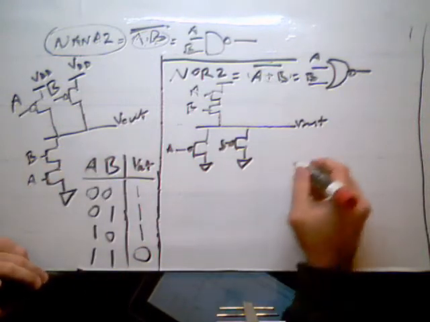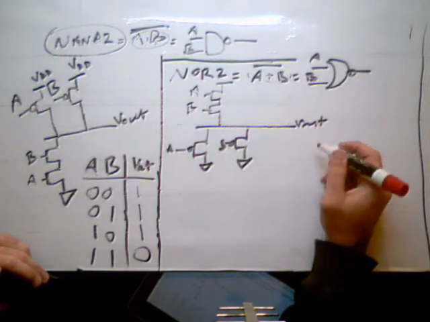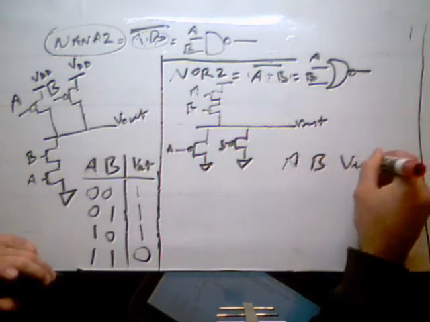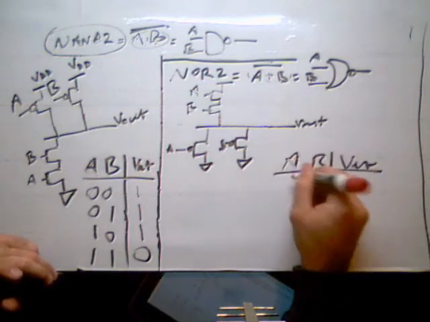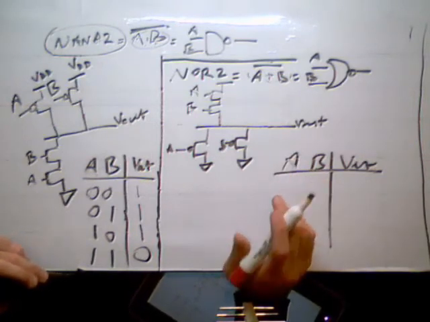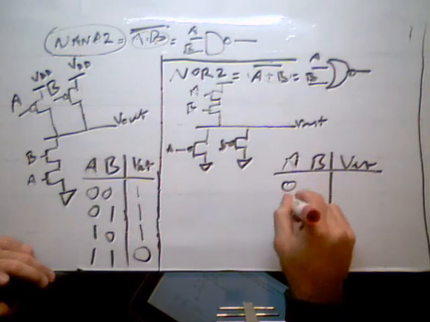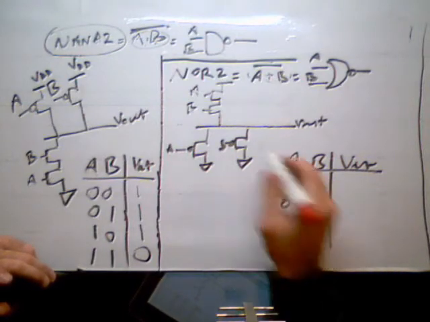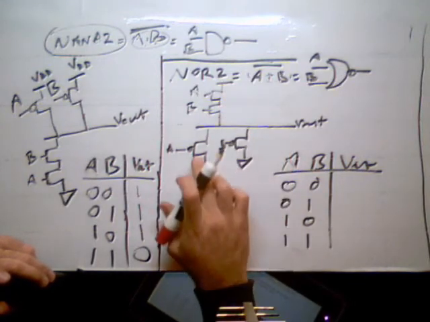Okay, and for the NOR case, you have A, B, and V out. Let's just test our knowledge. For 0, 0, I think there's a mistake here.